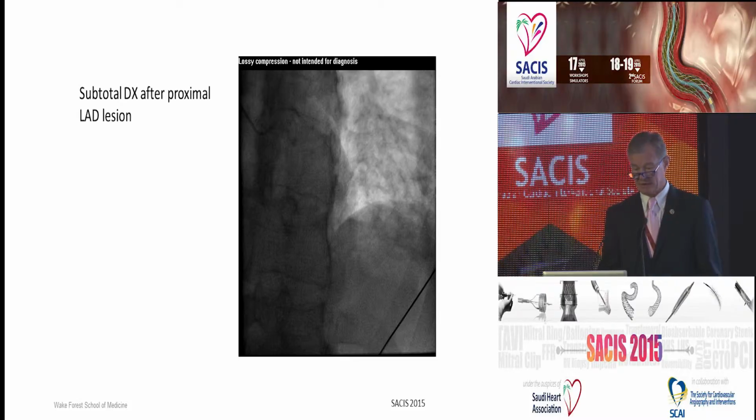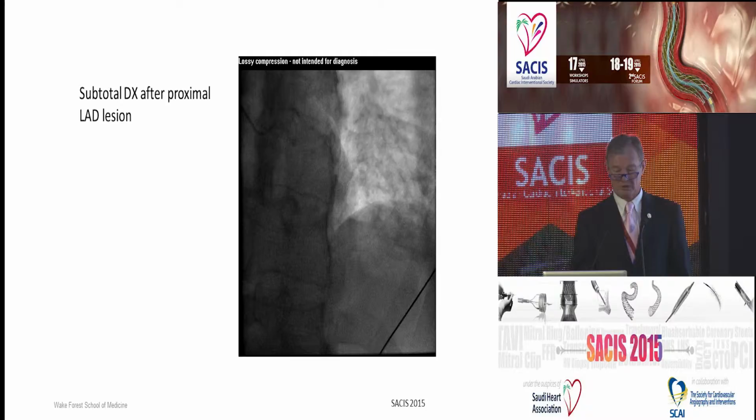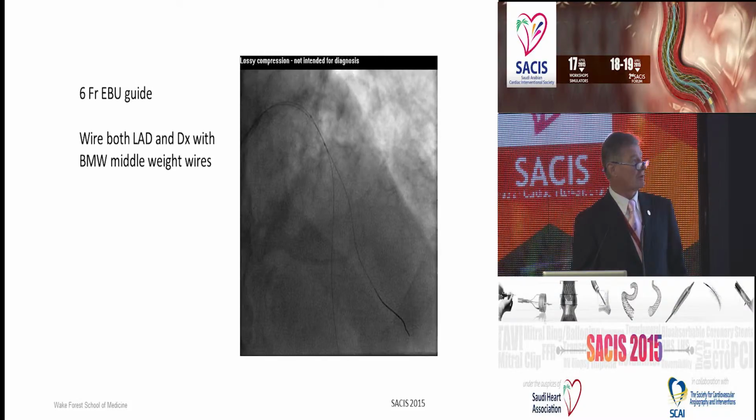So this is actually a case one of my partners, Dr. David Zhao, performed. And you can see here that there's a subtotal diagonal after a proximal LAD lesion. This was performed from the right radial artery, which is our preferred access for most of these cases.